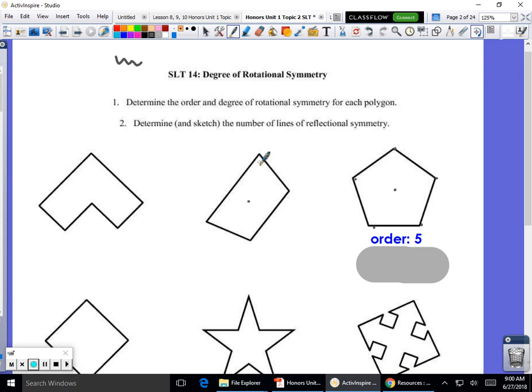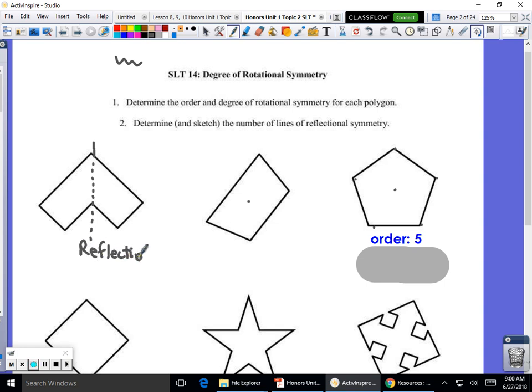So the second request is to determine and sketch the number of lines of reflectional symmetry. So in this shape, even though I cannot rotate it around, I could fold it. Right? So I could fold it along that line and it would match up. So that would be the reflectional symmetry.